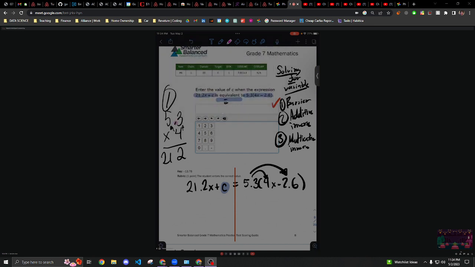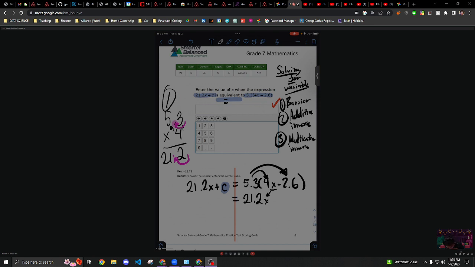But don't forget about this decimal here. Since our problem moved the decimal 1 time to the left, our answer also has to move the decimal 1 time to the left. So 5.3 times 4 is 21.2. And let's not forget about that x. So it's 21.2x.